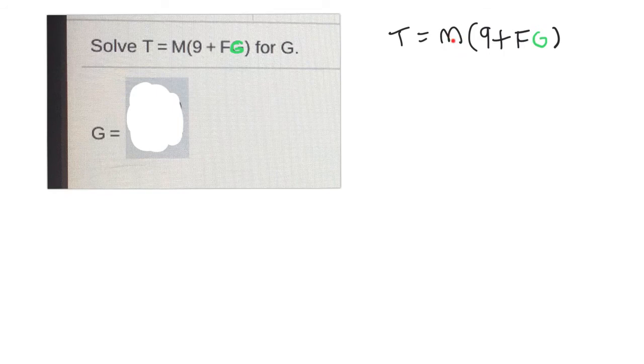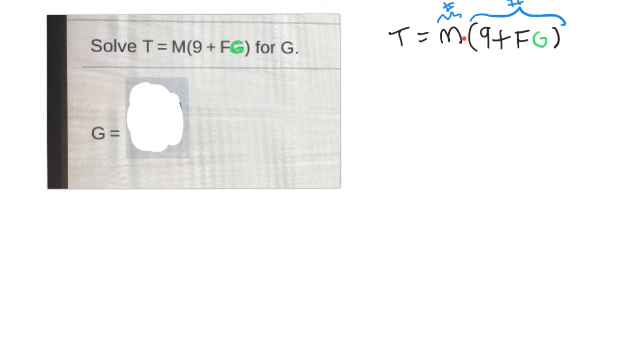I'm seeing an opportunity to get rid of this m right now, because the truth is that this is just some number, and this whole thing is just some other number. At the end of the day, we want this g to be by itself, and this number is in the way, right? And what's this number doing to this other big number here? Well, it's being multiplied.